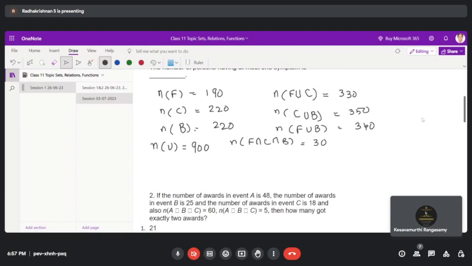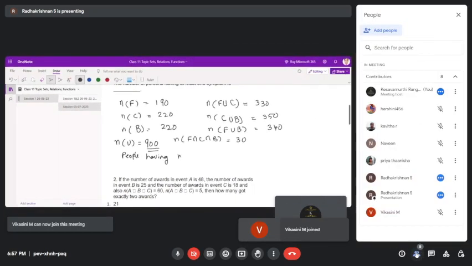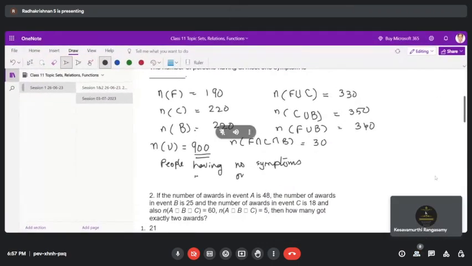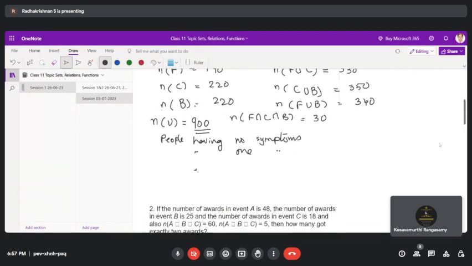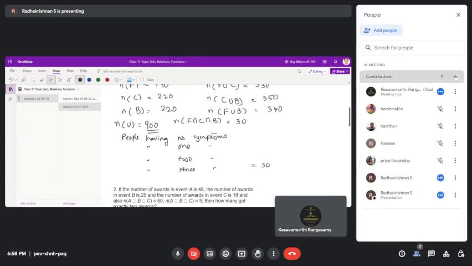Now we can divide all these 900 people into groups: people having no problem, one symptom, two symptoms, and three. There are only three in total, so this is all three symptoms, which means the intersection of all the three. This we know.